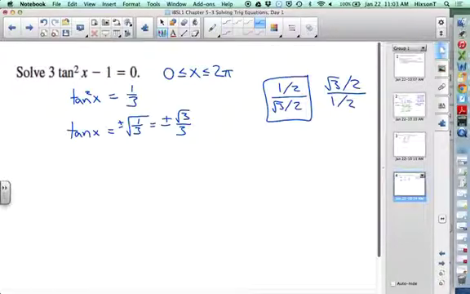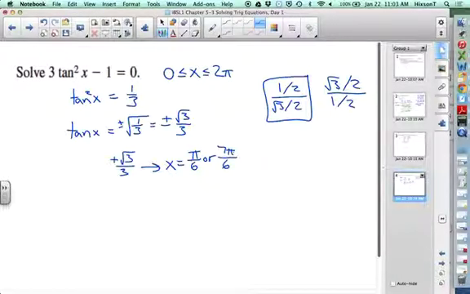Pi over 6, okay? Now, here's where we have to be careful. A positive root 3 over 3 gives us x equal to pi over 6, like we just saw, or where else is tangent positive? The third quadrant, 7 pi over 6.